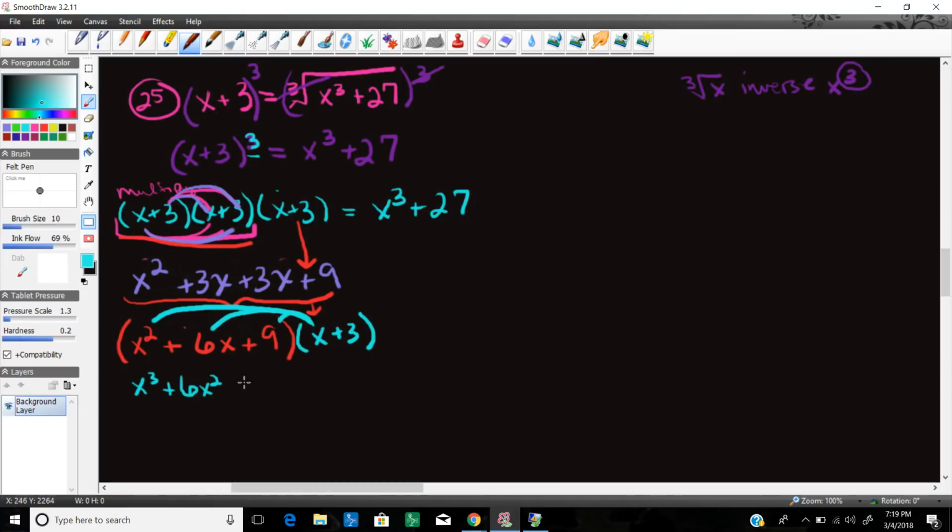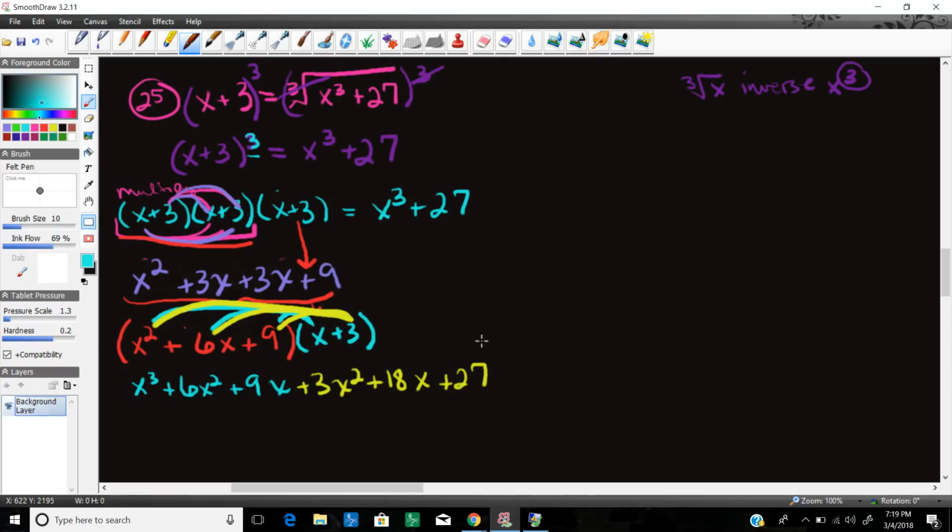X times 9 is plus 9x. Now I'm going to take care of the 3. So I'm going to do 3 times x squared, which is plus 3x squared. 3 times 6x, which is plus 18x. And 3 times 9, which is plus 27.